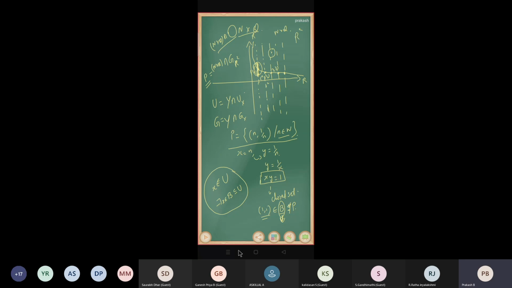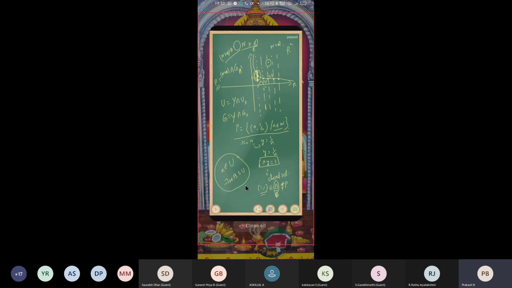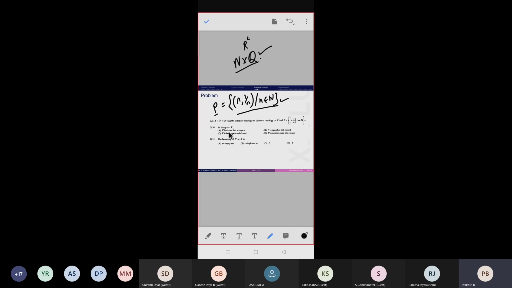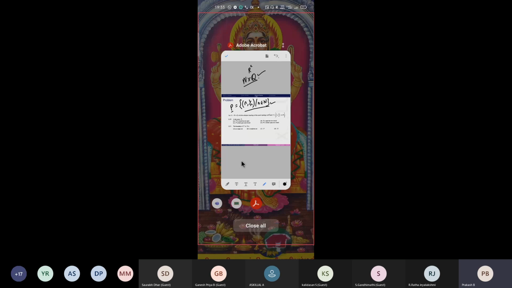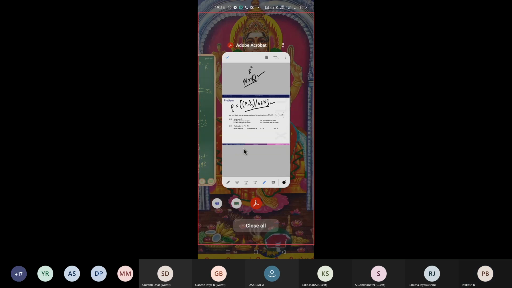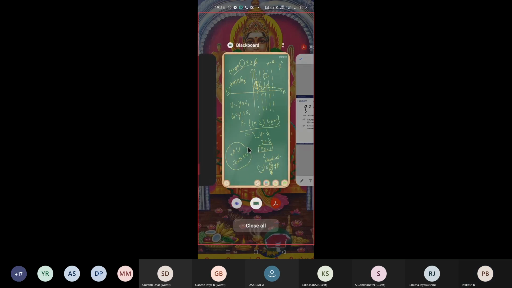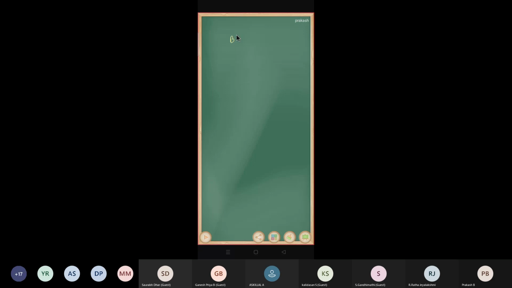So the second one is the boundary of B in X, right? We did not see the definition of boundary. So the definition of boundary of A: simply I'm going to give the result, that is, boundary of A is nothing but A bar intersection A complement bar, right?